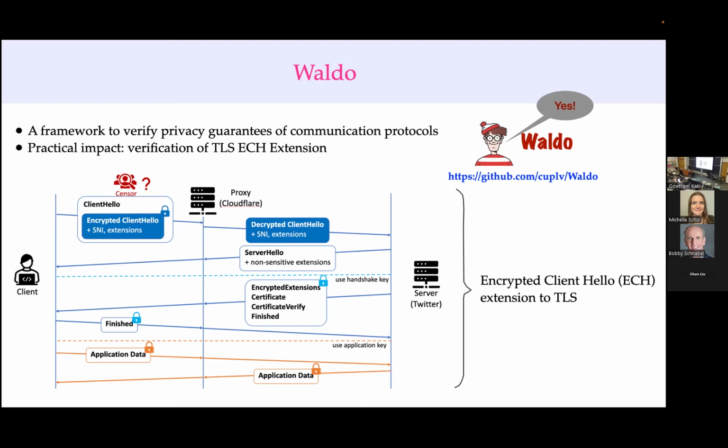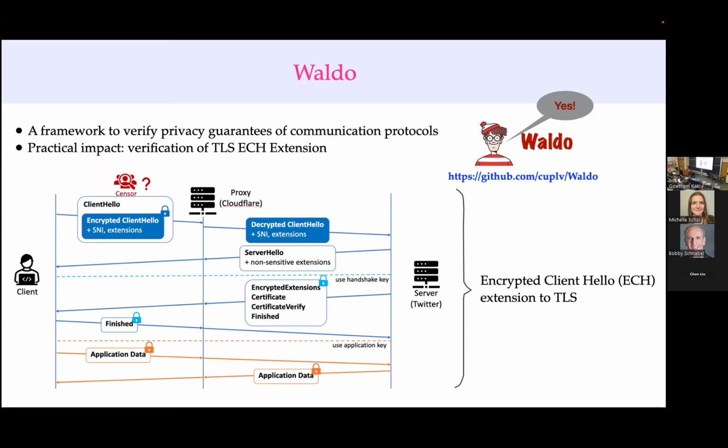We were able to find this using Waldo and suggested 4 fixes to the standard. 2 of them were already known and 2 of them were adopted by the ECH standard. Okay, so that's the Waldo or the security work.